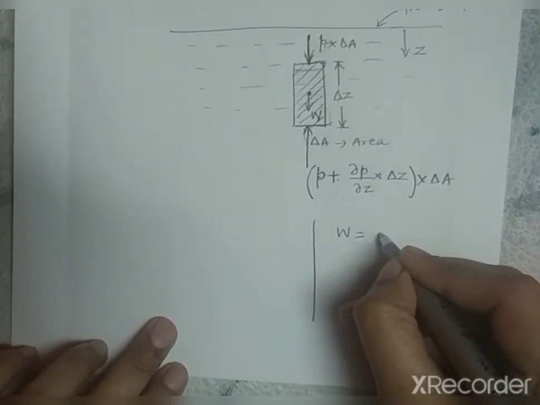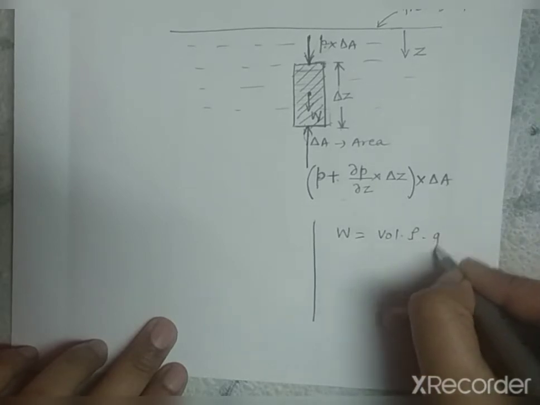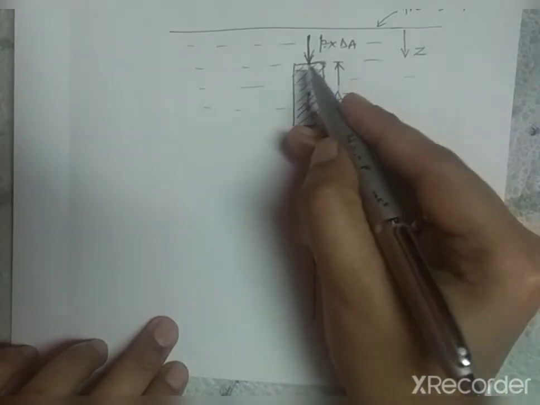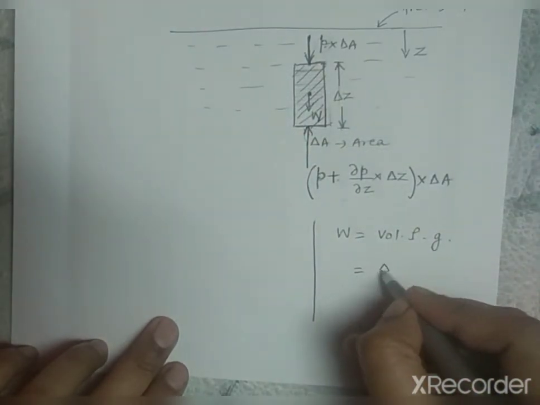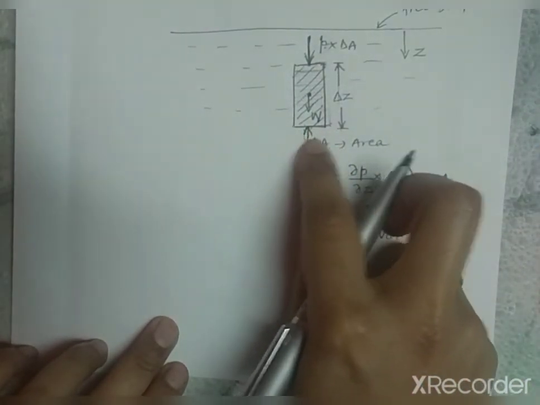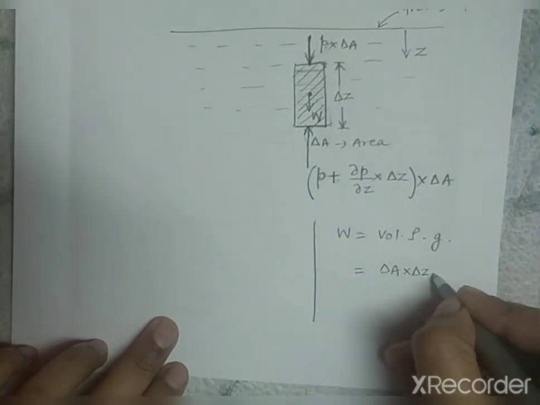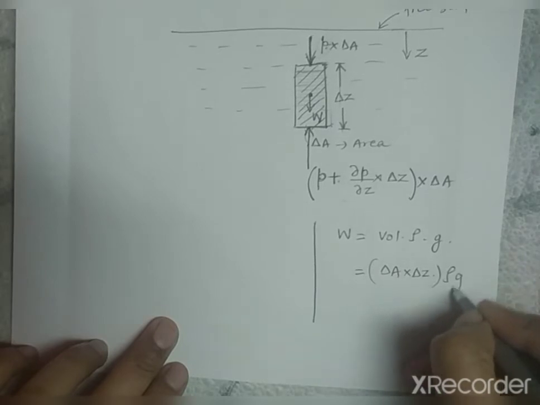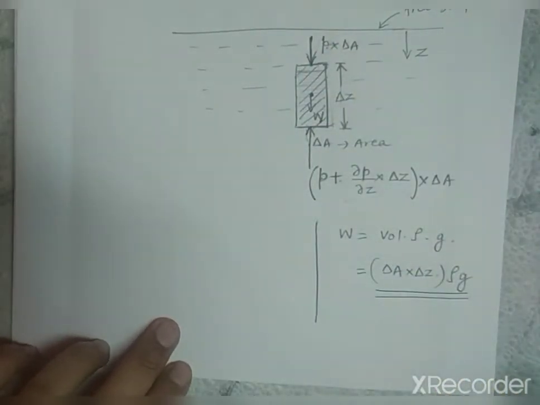We know it is volume into rho into g. The volume is delta A, the cross sectional area, into the depth delta Z. So W is delta A into delta Z into rho into g.